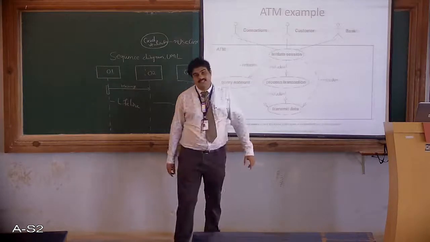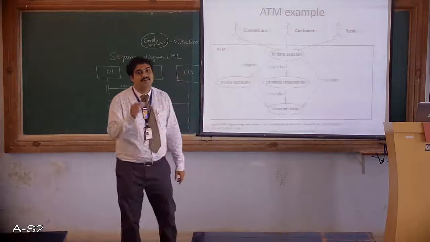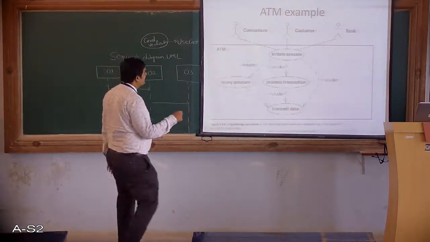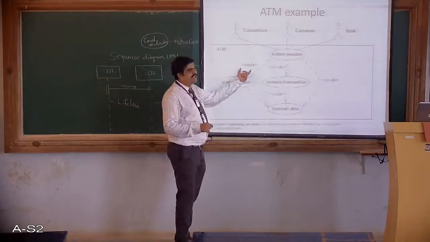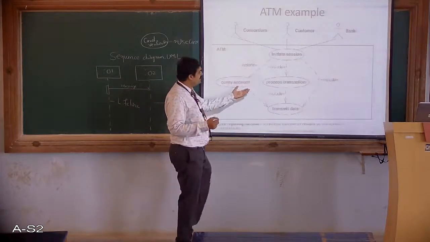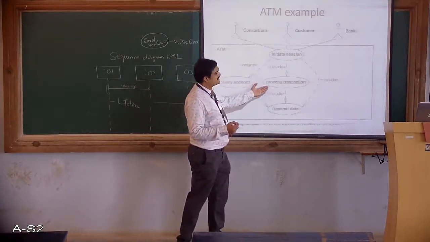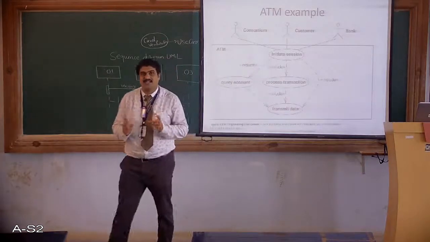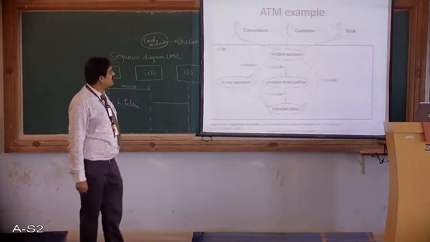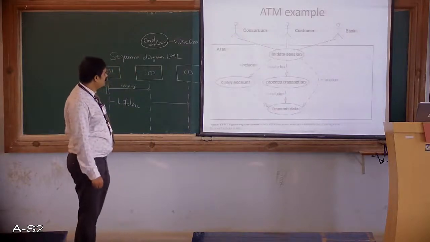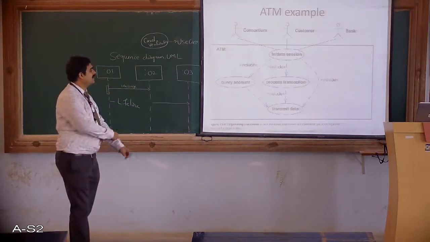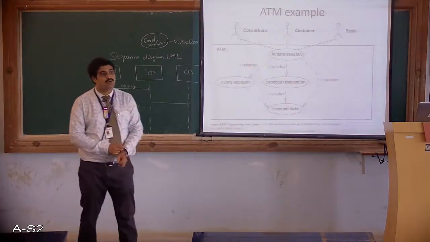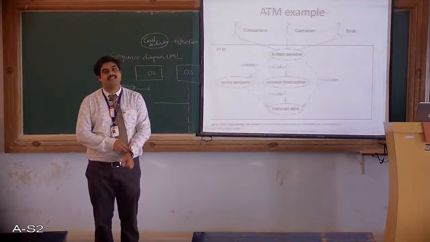What is that include? Maybe a verification of the code. For querying an account, you need to include verification of the code or password. Similarly, for the process transaction, you can specify those relationships in the use case diagram. So that is how you can use the concepts of include, extend, and generalization.